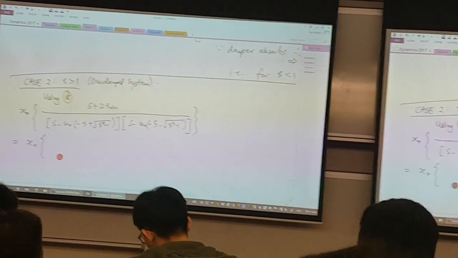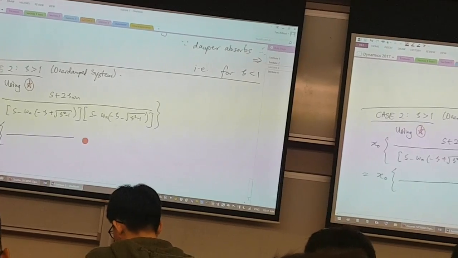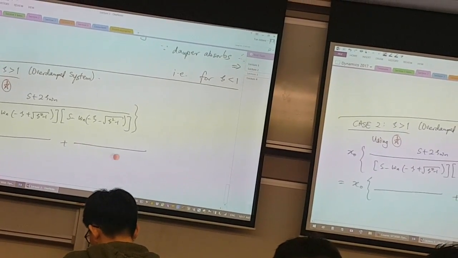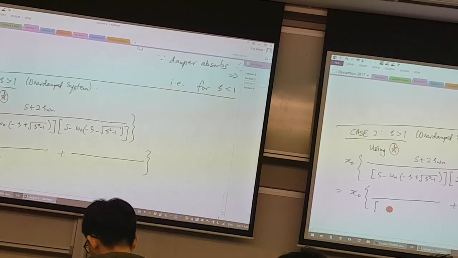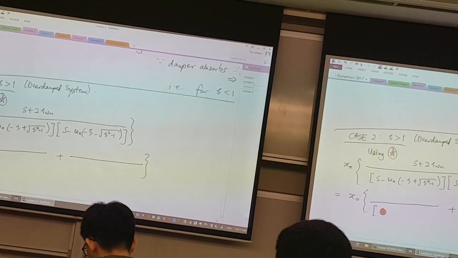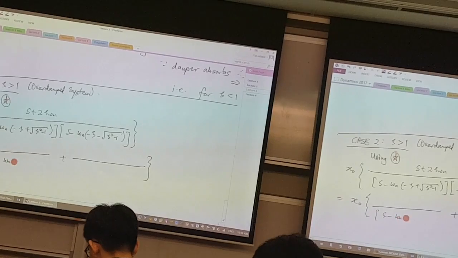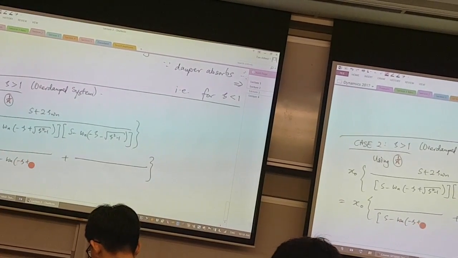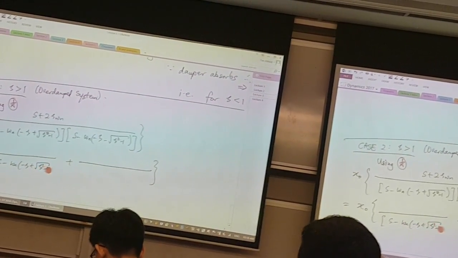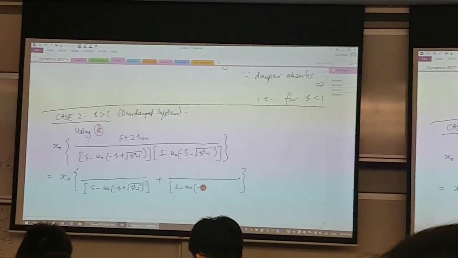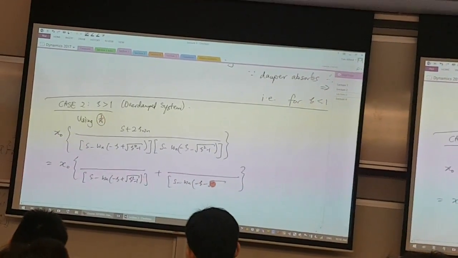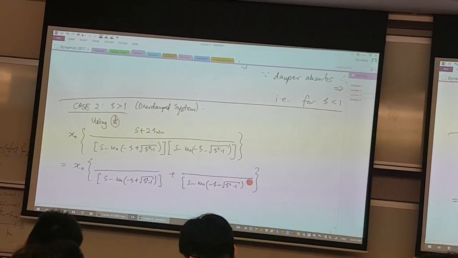I'm going to factorize it in the following way, where this denominator, one of it over here, S minus omega n minus zeta plus square root zeta square minus 1, and the other one S minus omega n minus zeta minus square root zeta square minus 1.